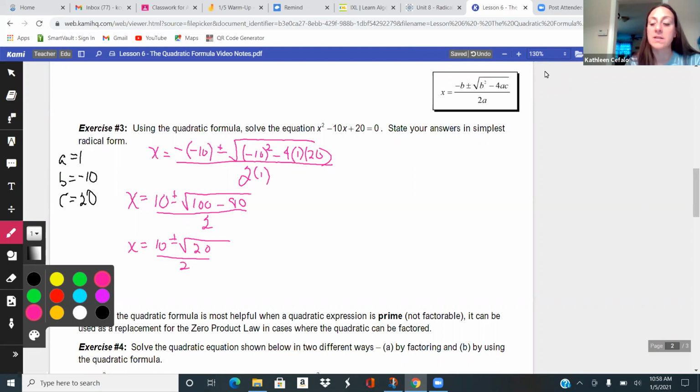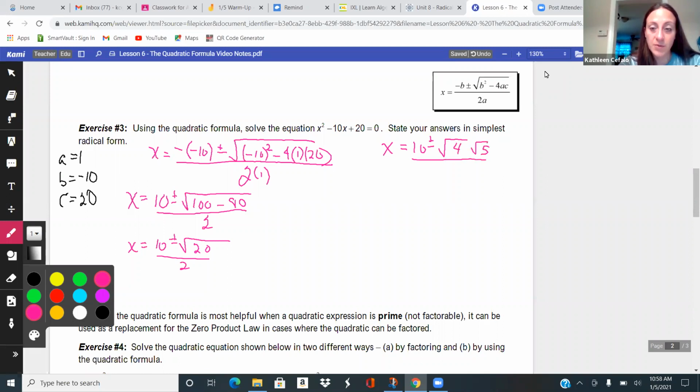So now again, we're in that simplest radical form, meaning I have to reduce that square root. So I have to find two numbers that multiply to be 20 where one is a perfect square. And I know that that can break up into the square root of 4 times the square root of 5.